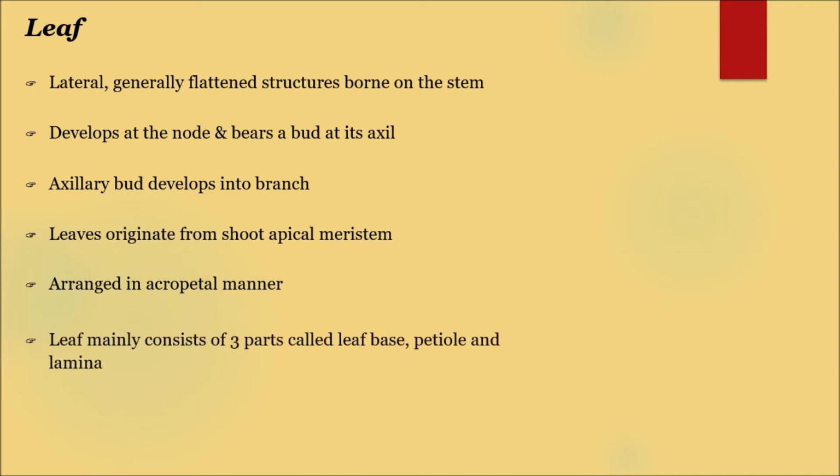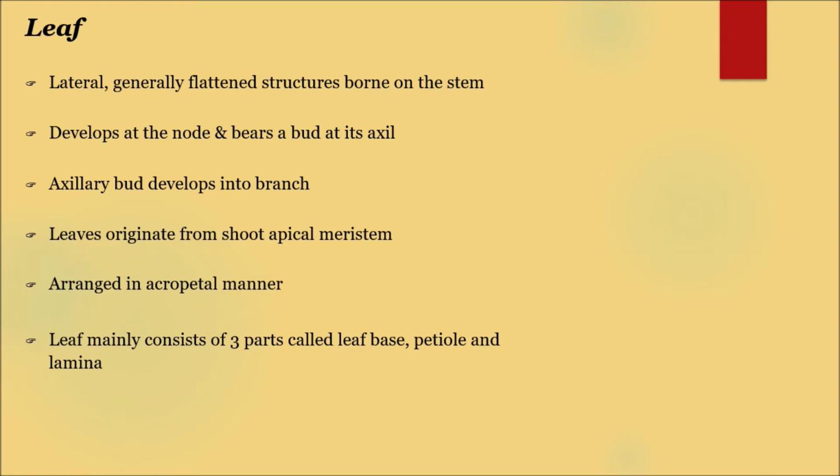So let's see what I have mentioned here. What is leaf? A leaf is a flattened structure which is lateral and it is borne on the stem. At each node we will find the leaf and it consists of a bud at its axil, and these axillary buds develop into branches from where leaves originate.